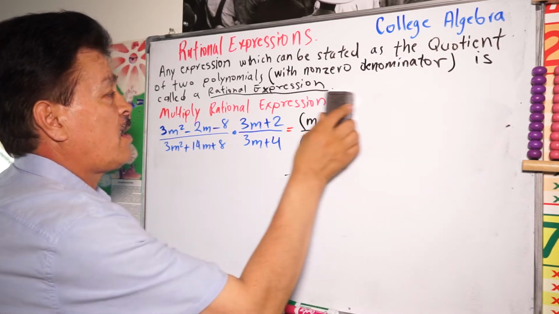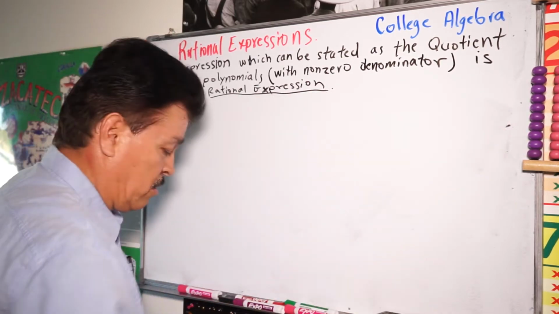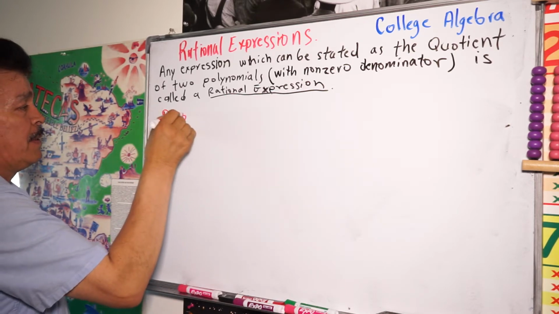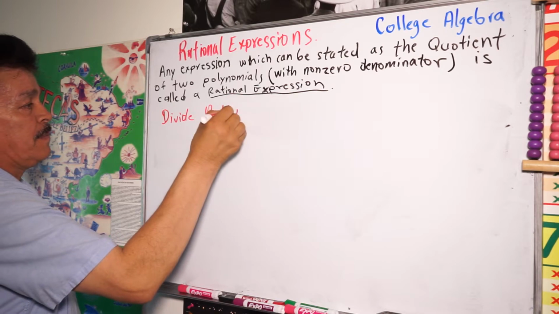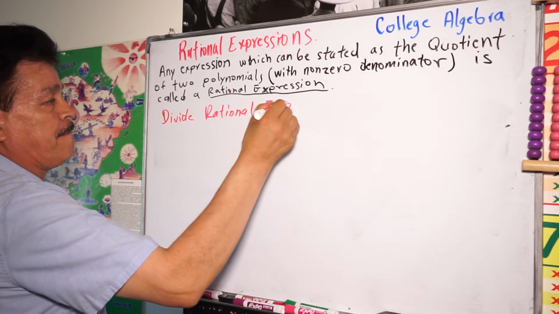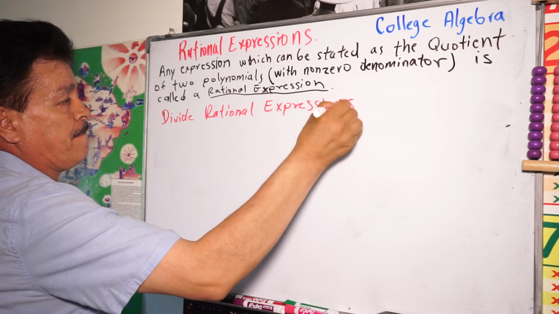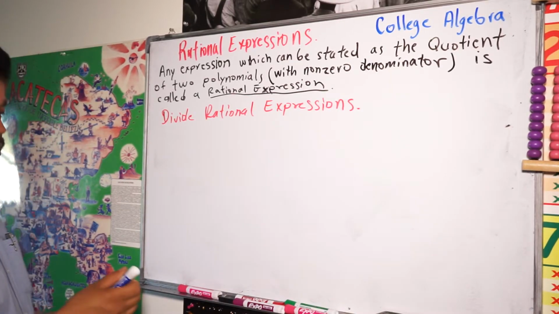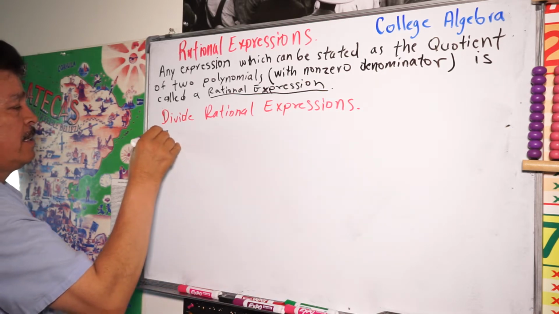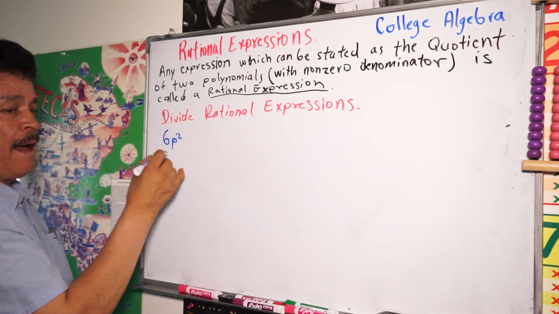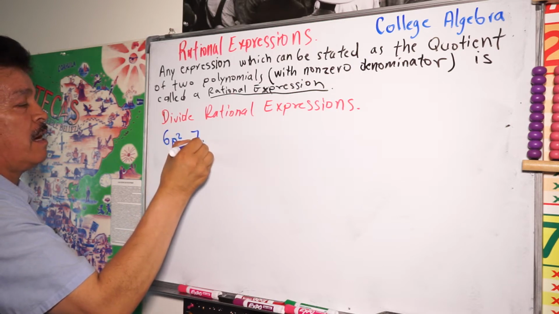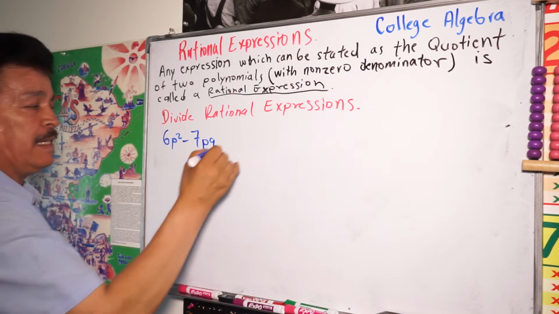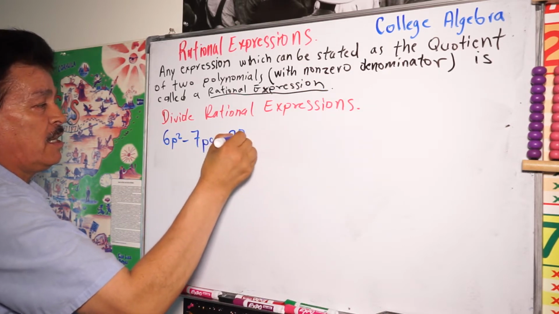Now solve one example. Let's write here 6p squared minus 7pq minus 20q squared.